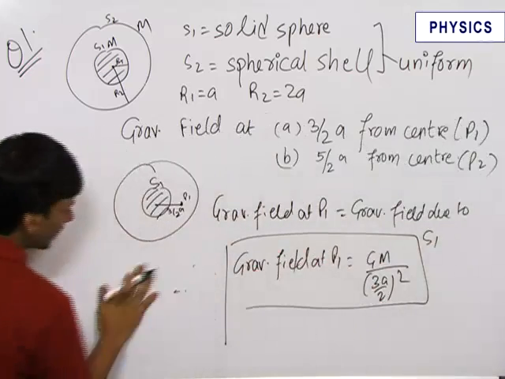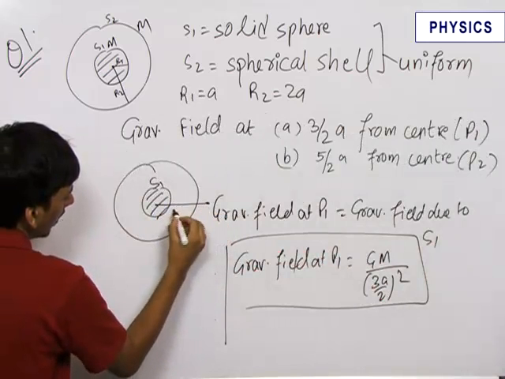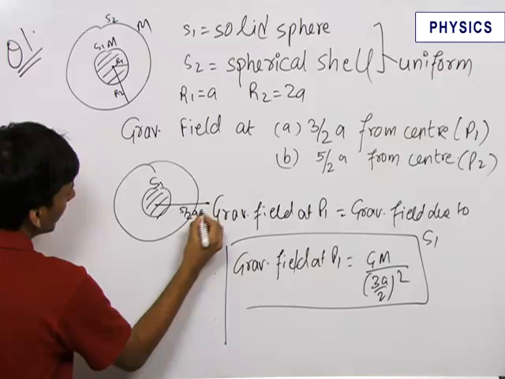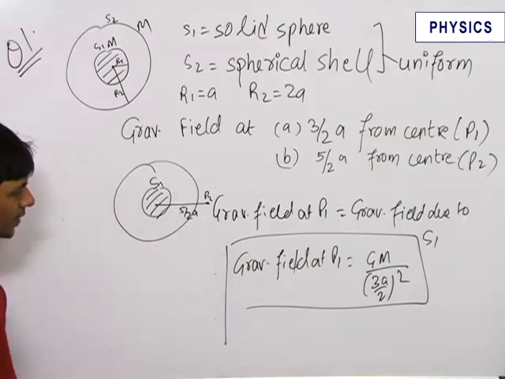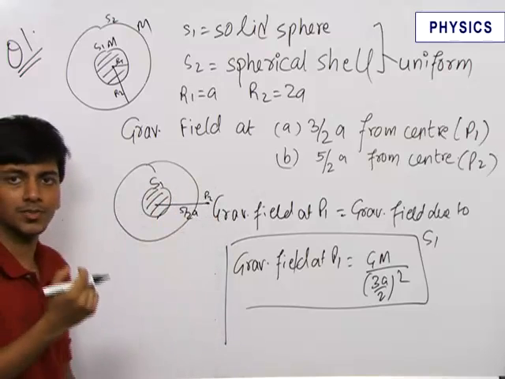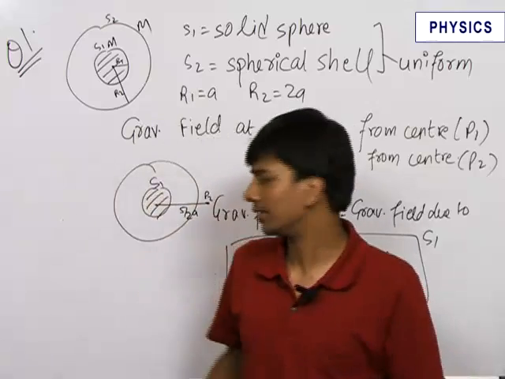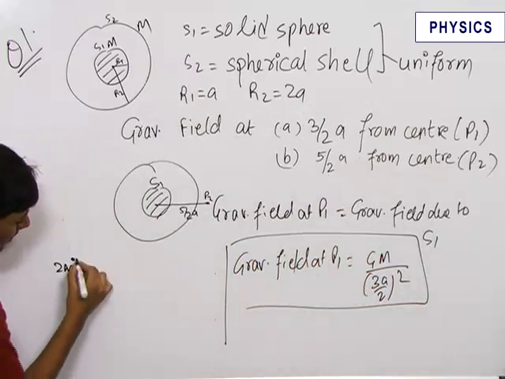For the second part, we see that the point P2 is at a distance of 5 by 2a from the center. Therefore, it lies outside both the spheres. So for all calculations, both these spheres can be replaced by point masses kept at the center. Therefore, the whole mass kept at the center becomes 2m.